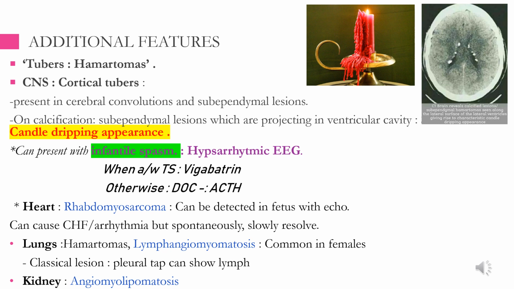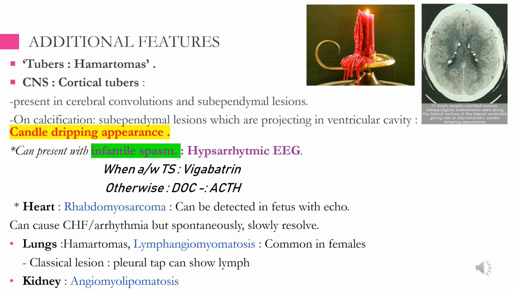When the subependymal lesions undergo calcification, they project into the ventricular cavity and show a candle dripping appearance. You can see in the radiological image some white lesions in the subependymal area projecting into the ventricular cavity, looking exactly like wax dripping from a candle. So candle dripping appearance is seen in tuberous sclerosis.